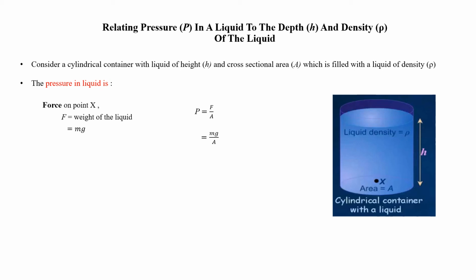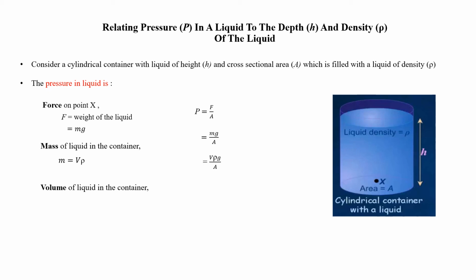Then substitute the force with mg per A. Next, the mass of liquid in the container is actually equal to the volume times the density, because we know that the density of the liquid is equal to the mass over volume. So mass, or m, is equal to V rho. Then we can substitute the mass with V rho g per A.